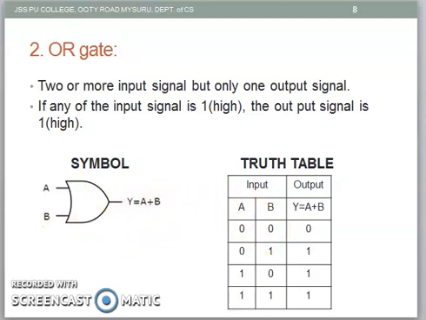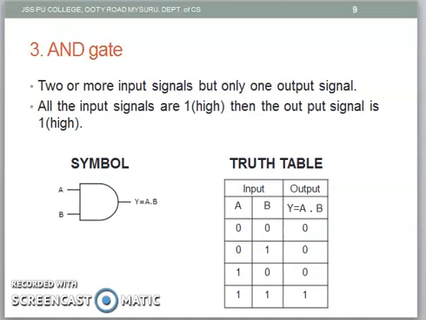Then move on to the third type of logic gate. The third type of logic gate is the AND gate. Here the AND gate receives two or more input signals and produces one output signal. The dot symbol is used to represent the AND gate. If all the input signals are high, then the output signal is high, otherwise the output is 0.